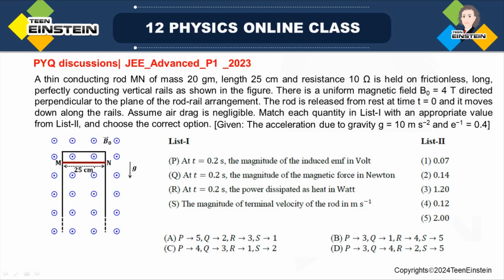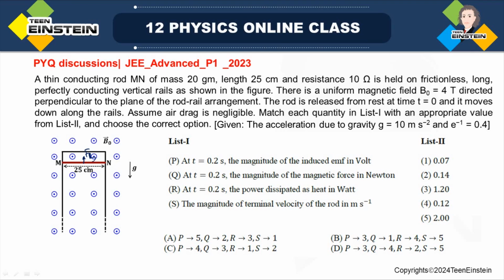The induced EMF will oppose the cause of its production. That means it will oppose the motion of the rod. That means the magnetic force will be pulling it up against the gravitational force, right?